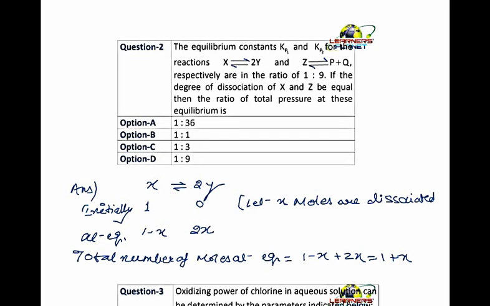Right? This is the total number of moles. Now, let's write the equation for Kp. This is X in equilibrium with 2Y. So we had 1 minus x at equilibrium, and this is equal to 2x. So what is the equation for Kp?